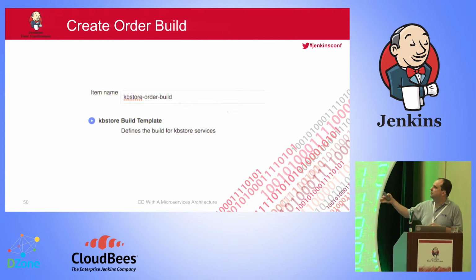And then to use this, I would create a job. Here I'm calling it KB store order build, and select KB store build template as the type. Once I've created that template, it's going to show up as a new project type in my list of project types.